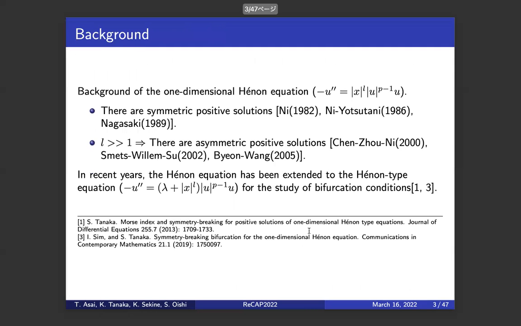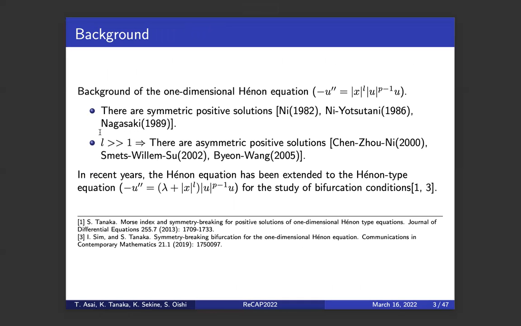Okay, and next, this is a background of the Hénon equation or Hénon-type equation. So, first, it was found that there are symmetric positive solutions around the 1980s.